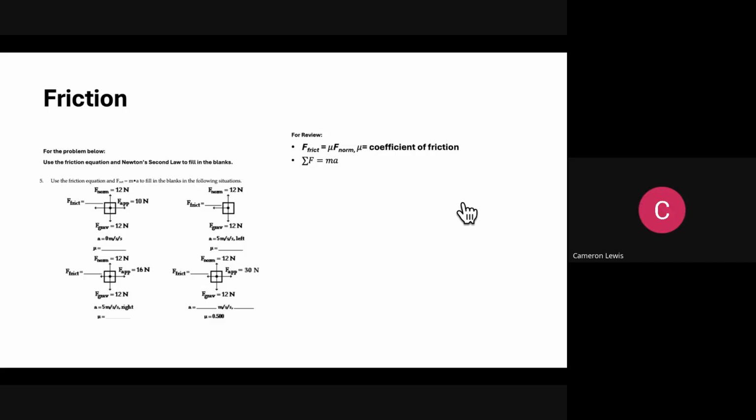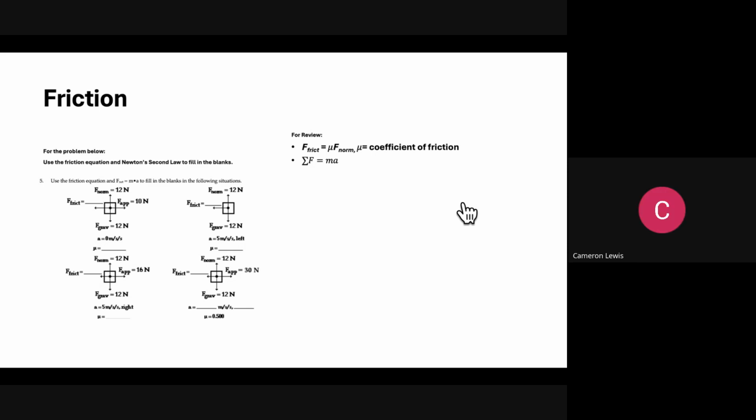So do we know the sum of the forces? 24. Do we know the mass? The mass is 1.22. So now can we find acceleration? Yes. We do force over mass, so it'd be 24 over 1.22, which is 19.67.